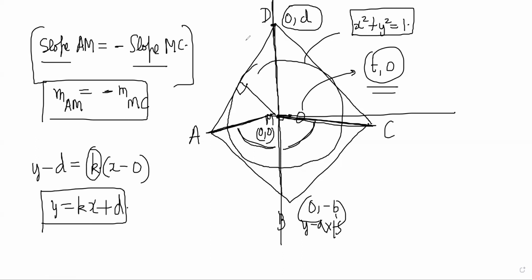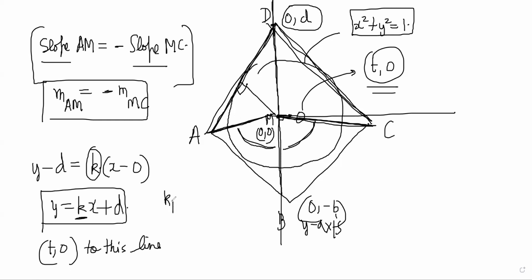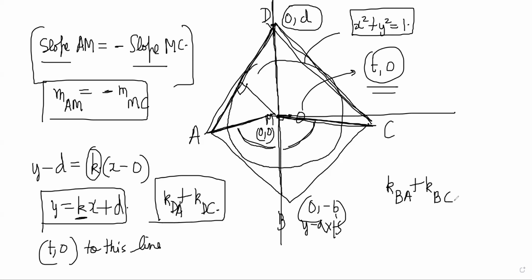k is the slope of this line DA, right? And similarly, DC is also a similar line. So when you took the distance formula from (t, 0) to this line, what we got is a quadratic in terms of k, from where we concluded the k_DA plus k_DC value. Doing a similar calculation, we can find the k_BA plus k_BC value.